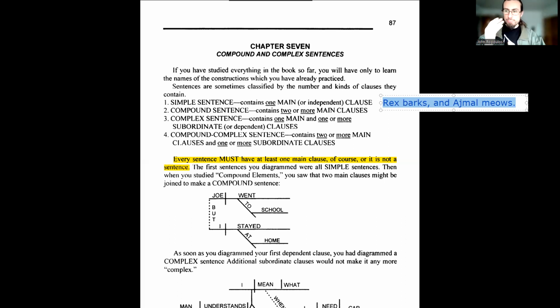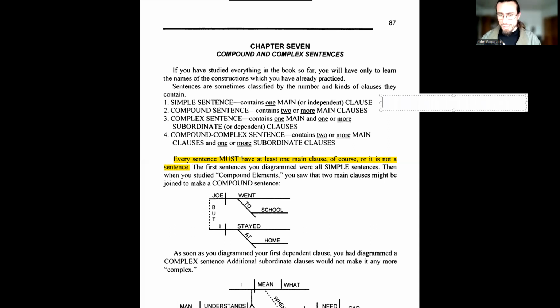We could have Rex barks, Edgemel meows, and Chubby the hamster eats, or I don't know what sound hamsters make, but whatever sound they make. So we could add many, many sentences. Just put comma, comma, comma. Eventually, you have to end the last one with a coordinating conjunction. Or, if you're using polysyndeton, a figure of speech, you could put many conjunctions.